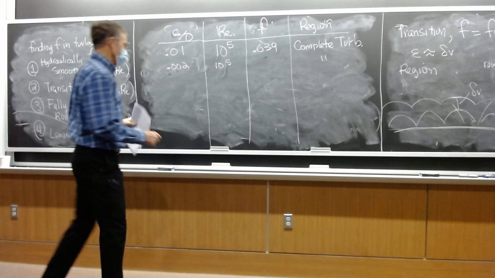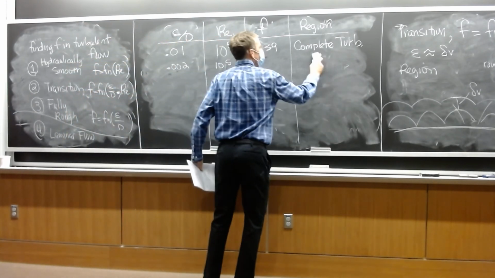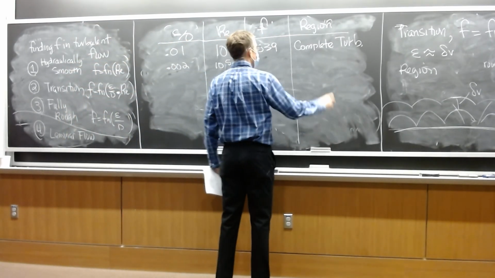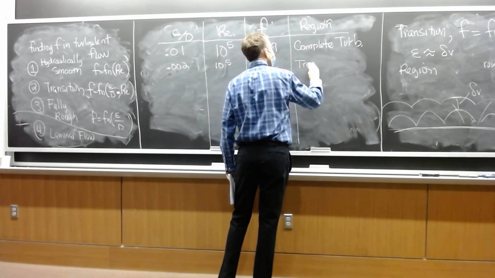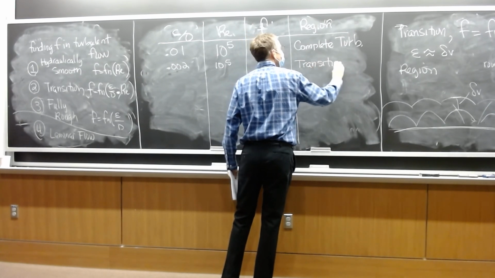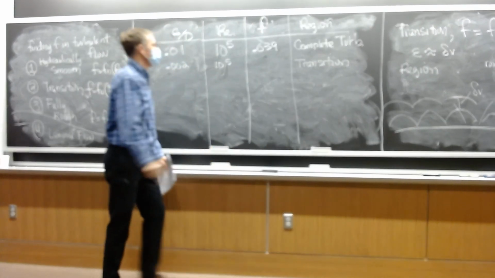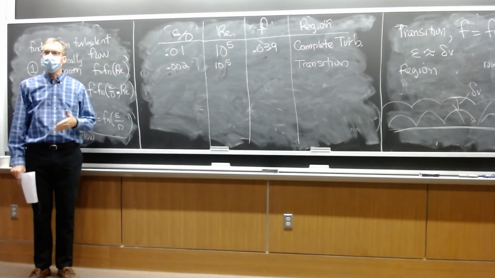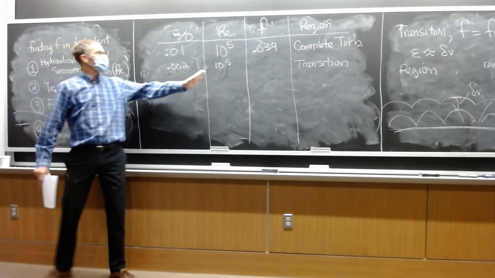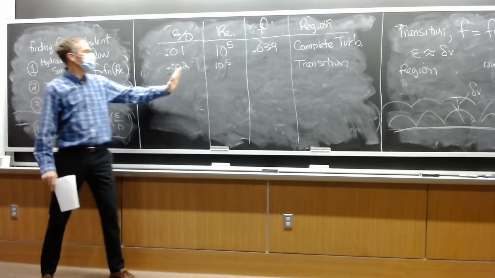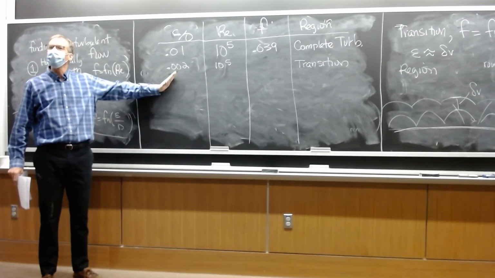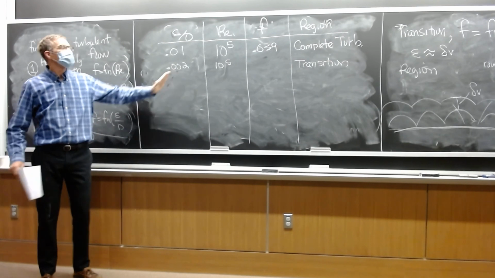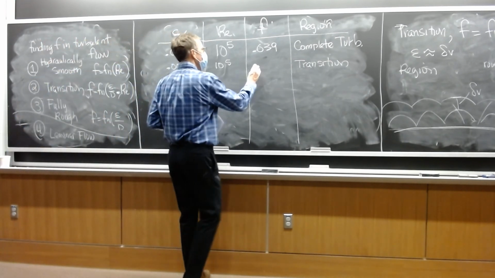It's in transition, okay. Now we do expect a lower friction factor because we've not changed the Reynolds number, but we've made the pipe smoother. 0.025, okay.